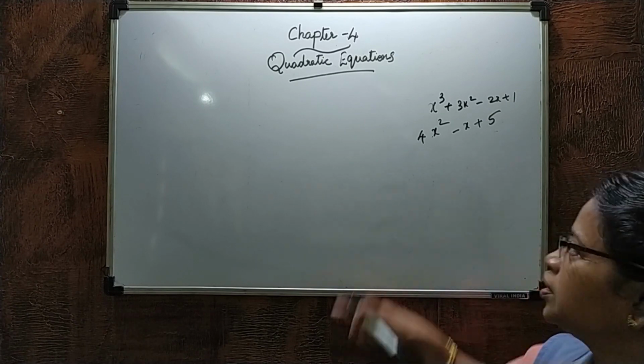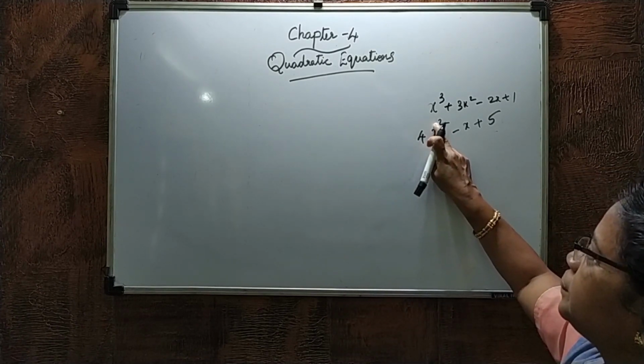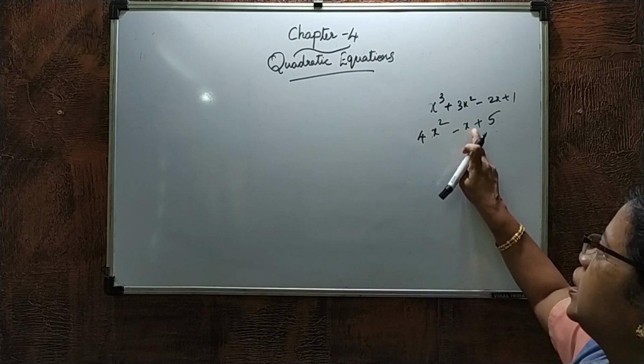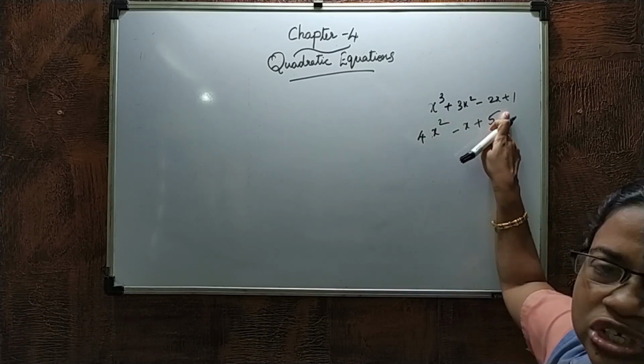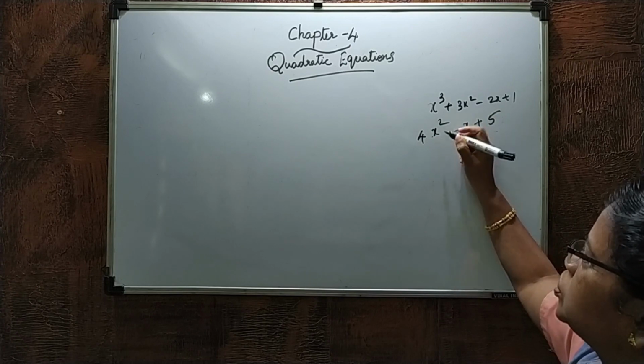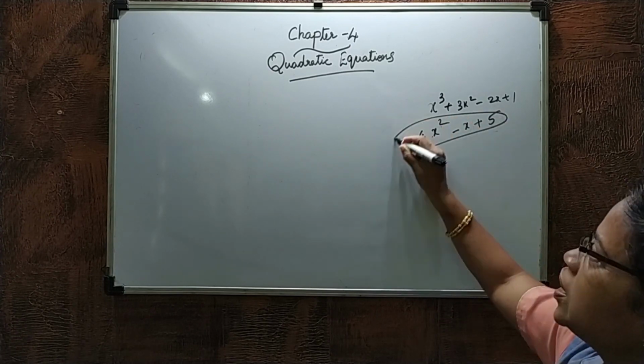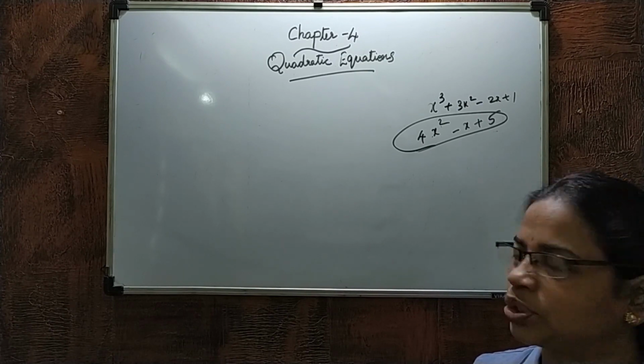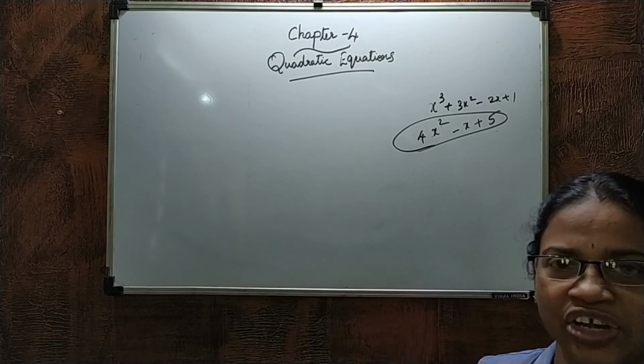Here 2 is there, that means the highest exponent is 2. Here it is 1, here it is x raised to 0. So this is a quadratic polynomial. Clear? Okay. We will start to write the definition.